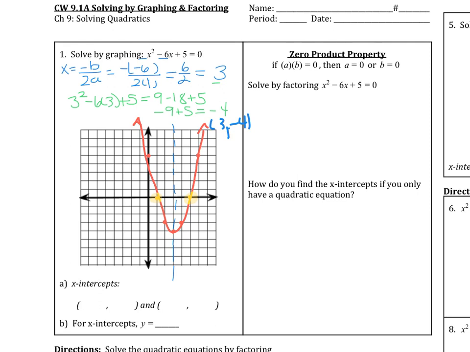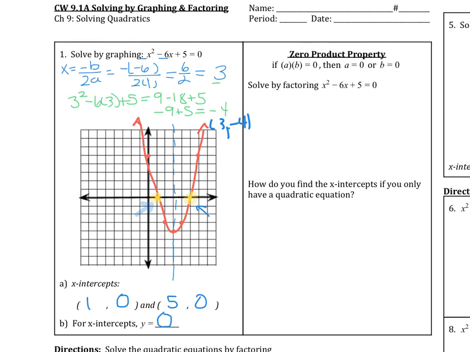We can label the points. The first one here is at 1, 0. Then the one on this side is at 5, 0. You notice that for x-intercepts, y must equal 0.